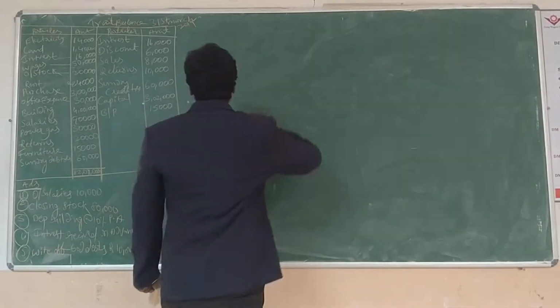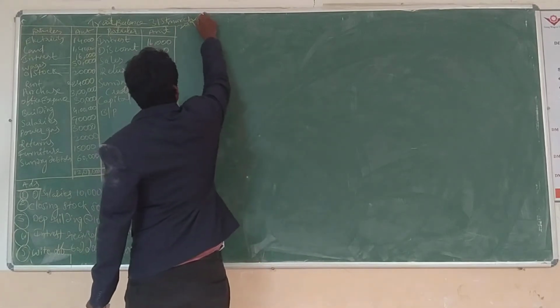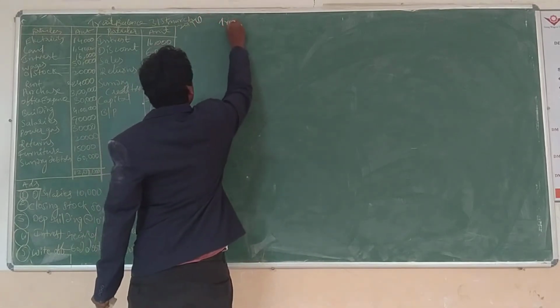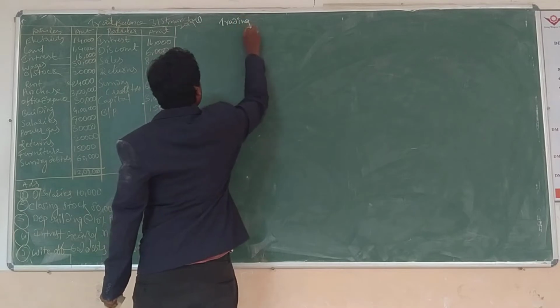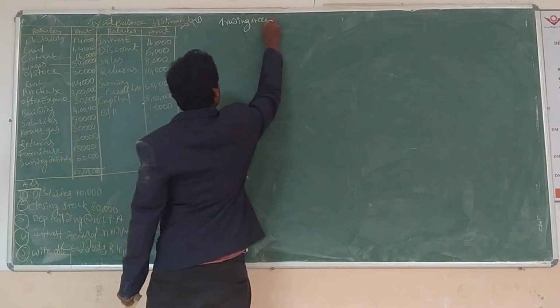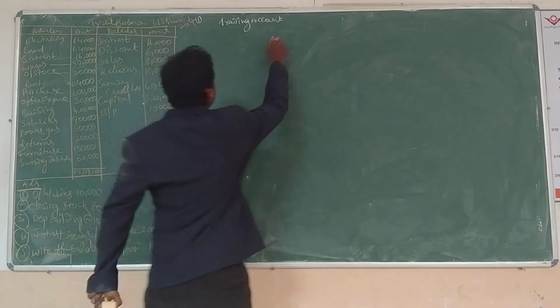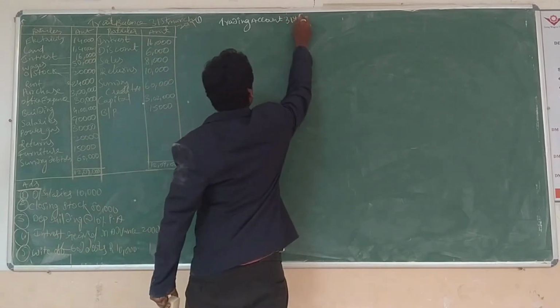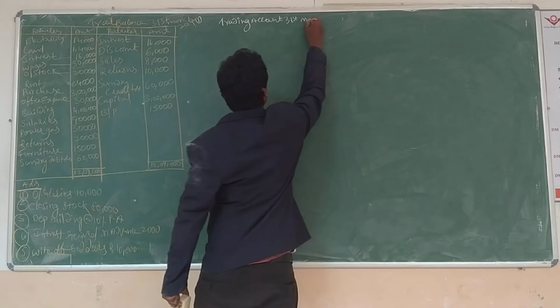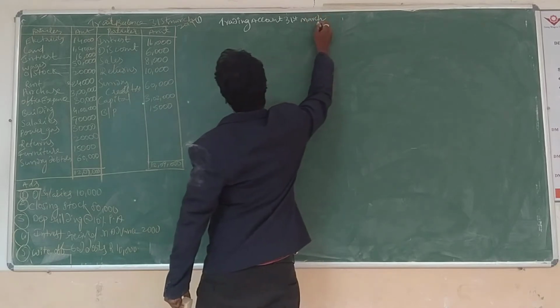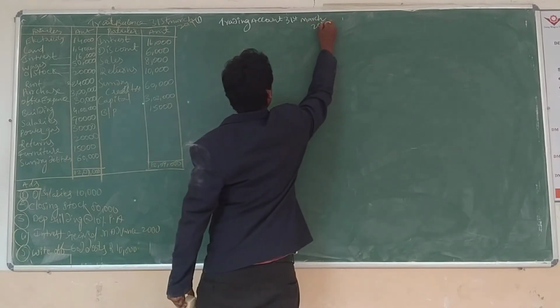Now go to the first one. Step one, trading account, for the year ended 31st March 2019.